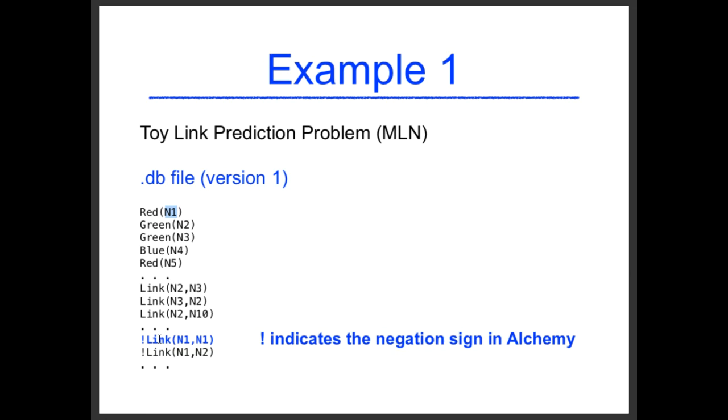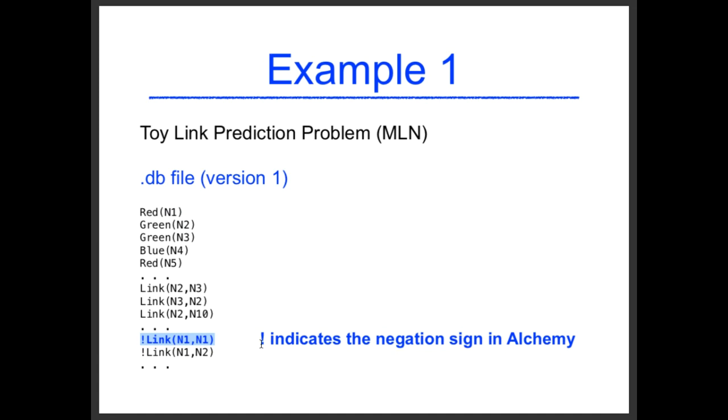But as I told you, for the predicate that you want to predict, so link is the query predicate, since it is open world, you need to specify also the false predicates. So you have to say that it is not true that N1 is linked to N1, to N2, and so on.